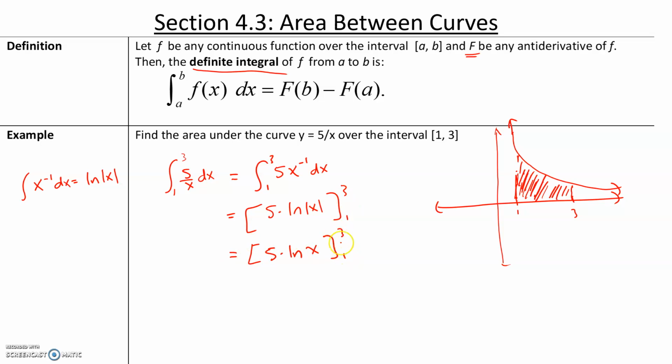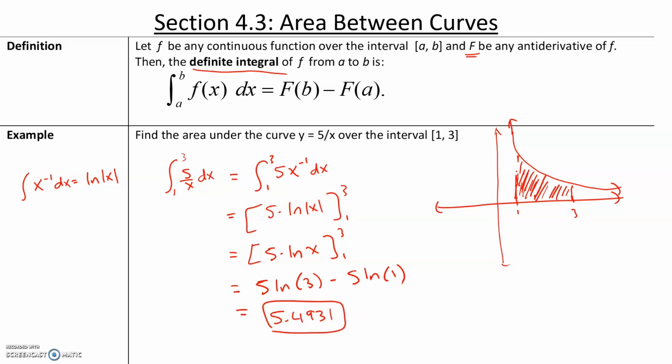Again, because from 1 to 3, x is only going to be positive. So this equals 5 times the natural log of 3 minus 5 times the natural log of 1. That's F of b minus F of a. You can also put this into Desmos, and you'll get the area under the curve is 5.4931.